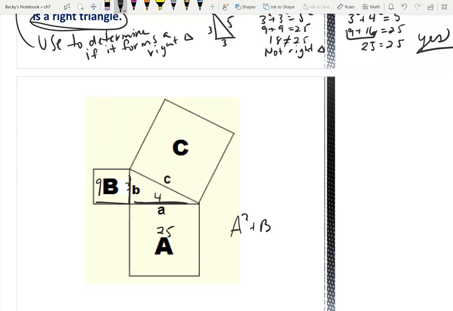A squared plus B squared equals C squared. This A has already been squared, and this B has already been squared, so it's going to equal this C. So it's 16 plus 9, it's 25. So the idea of this is I could just give you 25 here, and let's say 9 here, and you could figure out the rest.